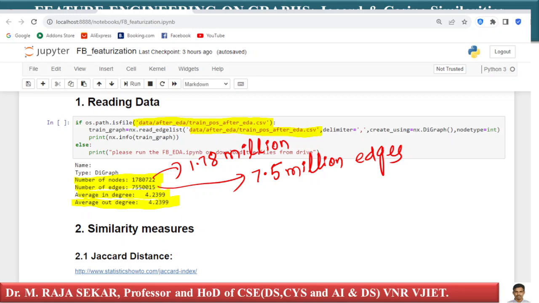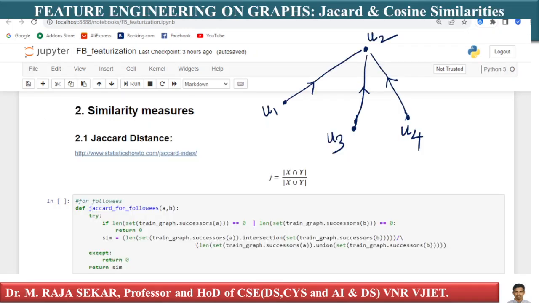Let's look at a couple of very simple featurizations. The first one is called Jaccard distance. Before we go to Jaccard distance, let's understand some very simple terminology. Imagine I am user U1 and I am following U2.